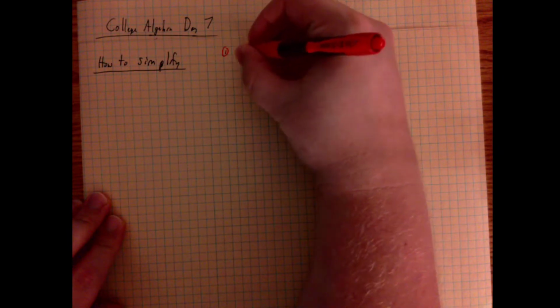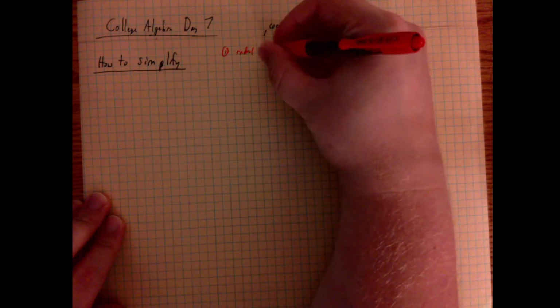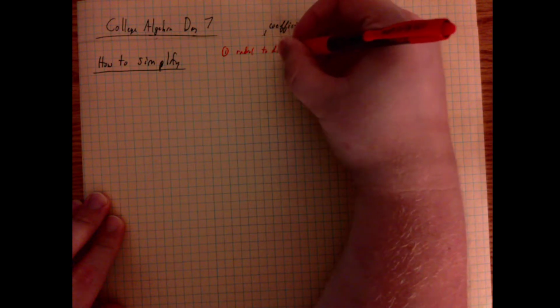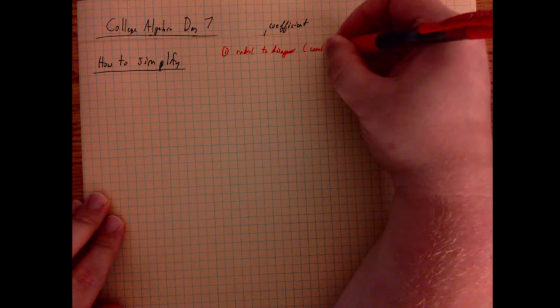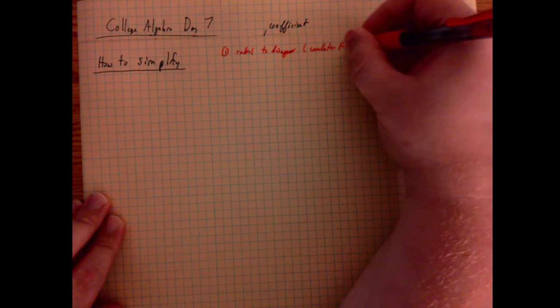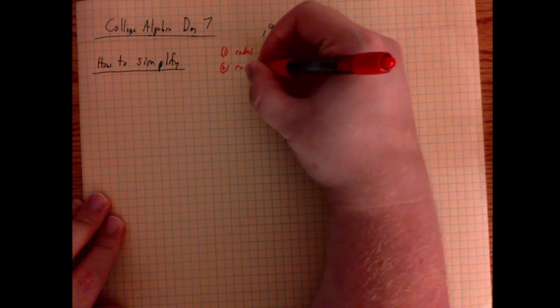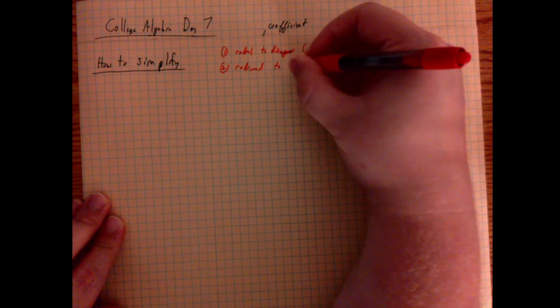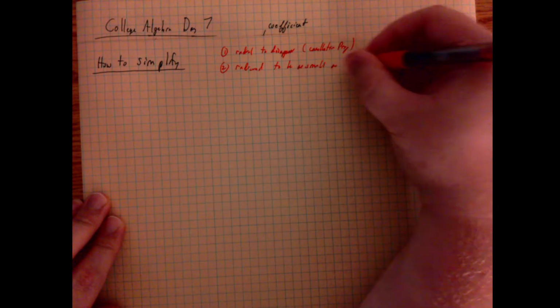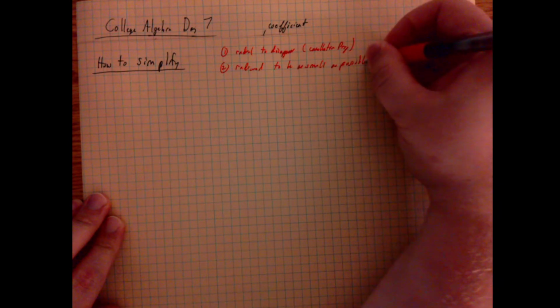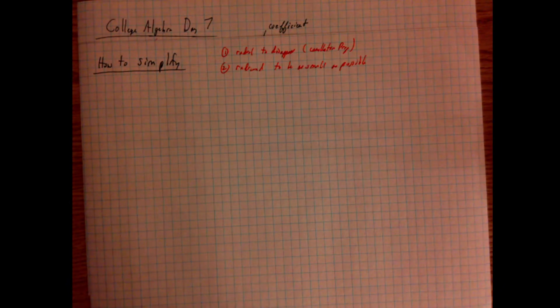One, you want the radical to disappear using the cancellation property, or two, you want the radicand to be as small as possible. You want that radicand small.